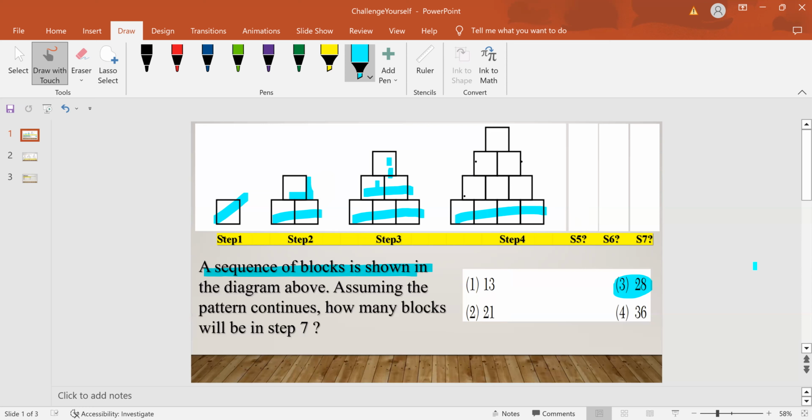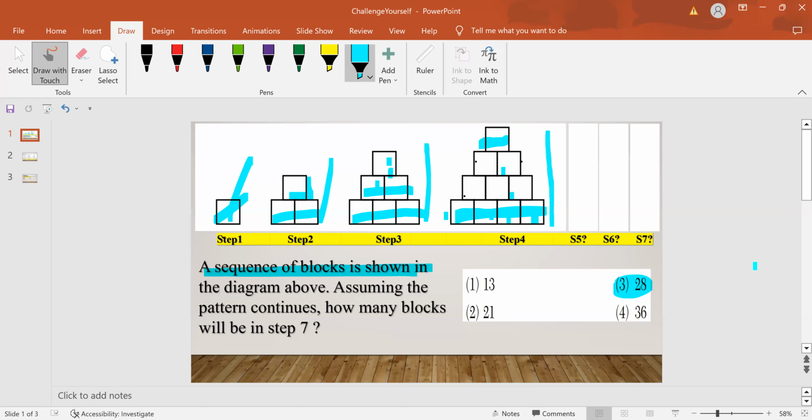And for step 4, we have 4 blocks, on top you have 3, on top you have 2, and we have 1. So again, we have 1. Here we have 2, 1. Here we have 3, 2, 1. Here you have 4, 3, 2, 1.